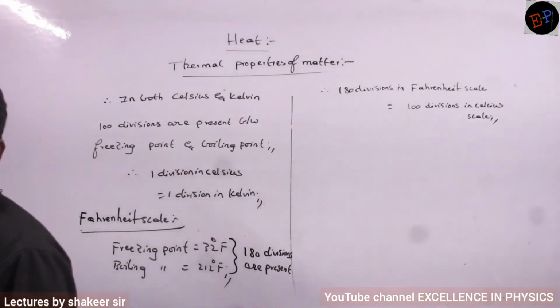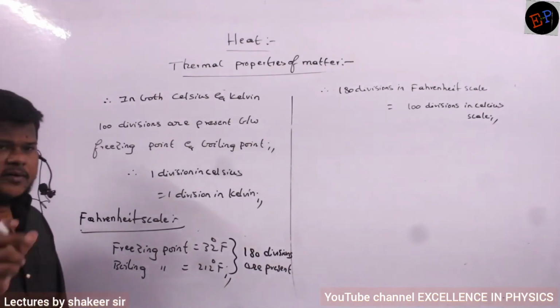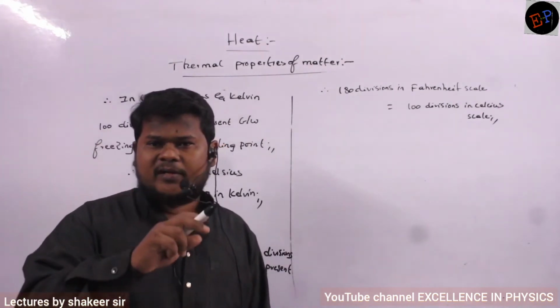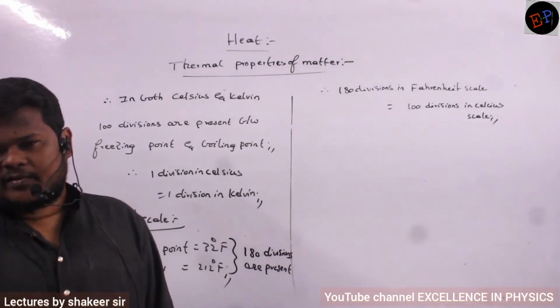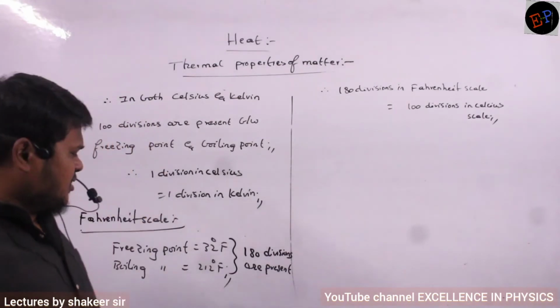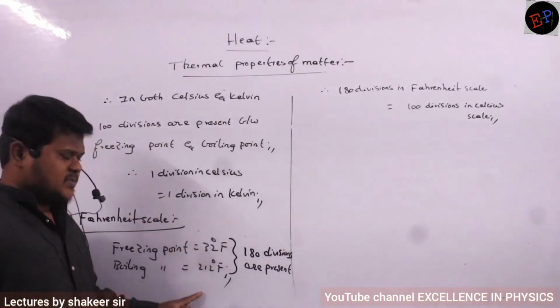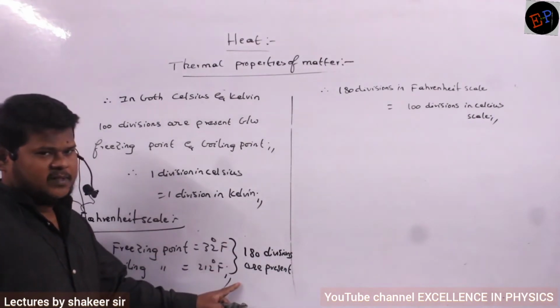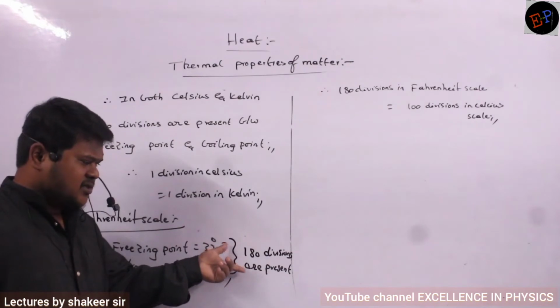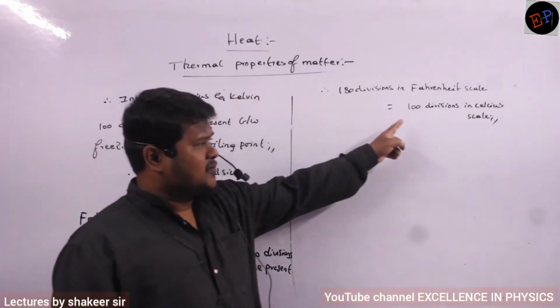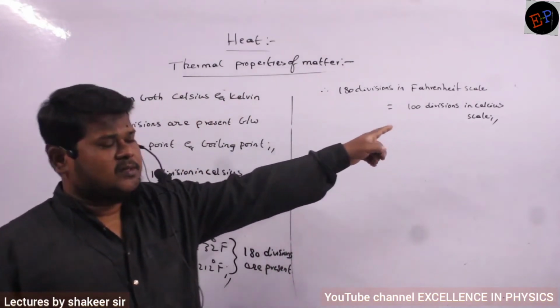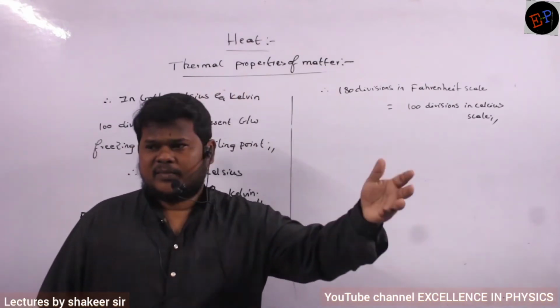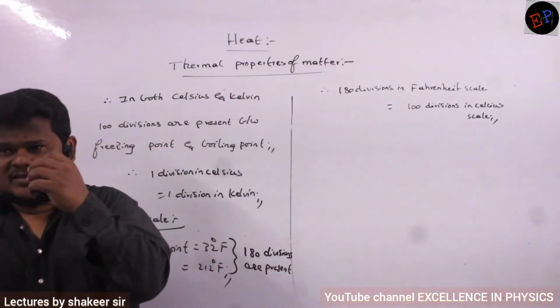So in the Celsius scale, between freezing point and boiling point, we have 100 divisions because the lower temperature was 0, the higher temperature was 100. But in Fahrenheit, it is 32 and 212, no? Same temperatures. Freezing point 32, boiling point 212. So how many divisions? 180. So for 180 divisions, what is the change in temperature? The same 100 divisions will represent in the Celsius scale, no? So 180 divisions in Fahrenheit scale is nothing but 100 divisions in Celsius scale.